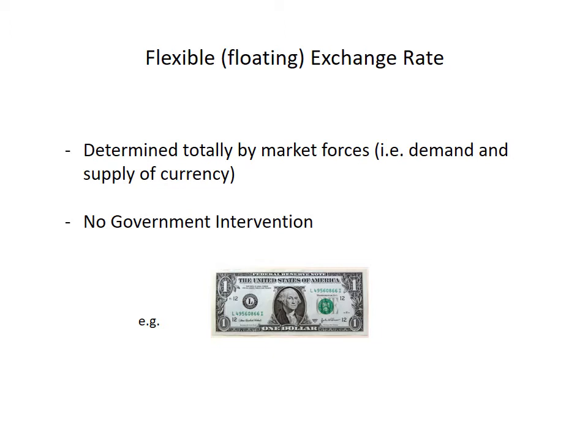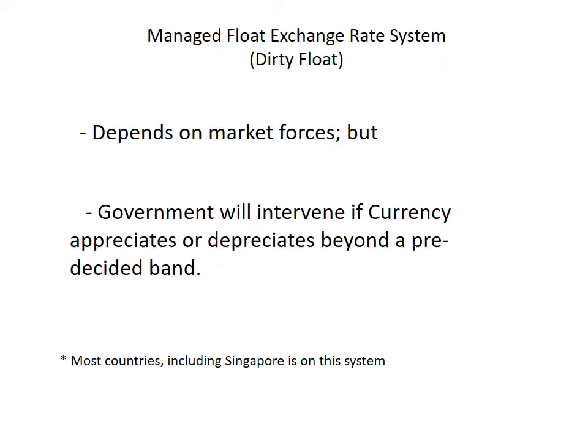Most governments, most central banks retain some kind of control over their own currency. Which means that most countries are using the third foreign exchange system, which is the managed float. Some textbooks call it dirty float. That means half free, half control.